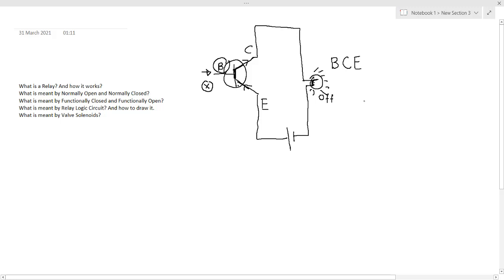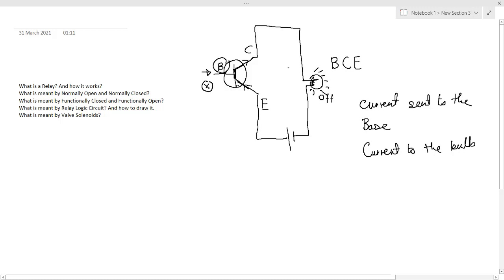And by controlling the current sent to the base, what are we indirectly controlling? We are indirectly controlling the current to the bulb, right?